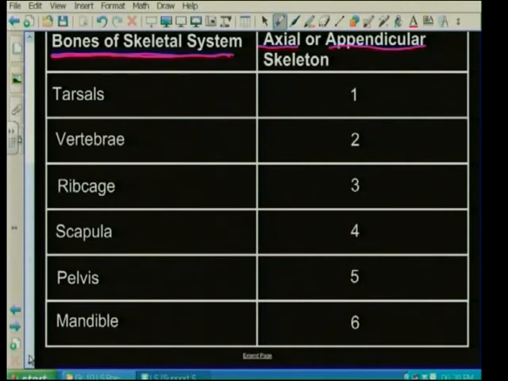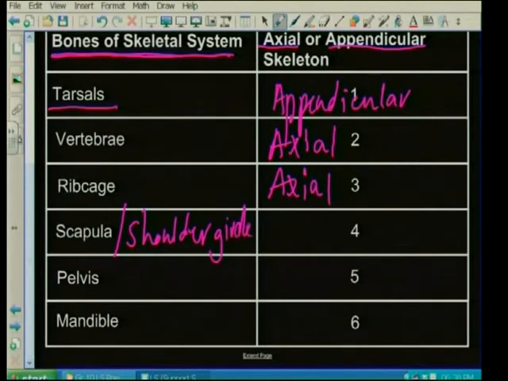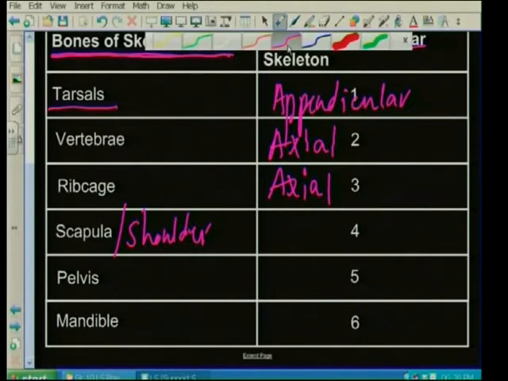Very simple. The tarsals, T for tarsals, T for toes, and we found that in the appendicular skeleton. The vertebrae or the vertebral column is found in the axial skeleton. A rib cage, yep, you got it right, axial skeleton. Scapula, or another name for scapula, by the way, shoulder blade.